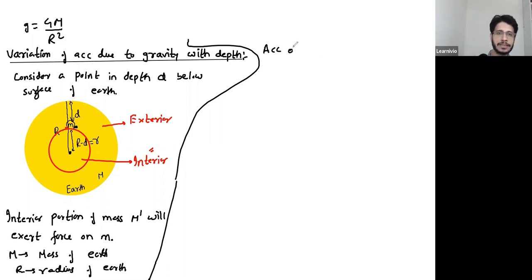Now I need acceleration due to gravity here in depth d. So in depth d, the value of acceleration due to gravity is g prime, which is basically G M prime over r square.